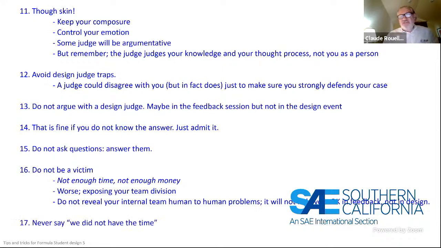Never say we did not have the time. You just say we didn't take the time, and give the reason here. When you say we didn't have the time, you introduce yourself as a victim. When you say we didn't take the time, yes, we have many things we wanted to do, but we only decided to do 5 or 6 things because these were realizable.